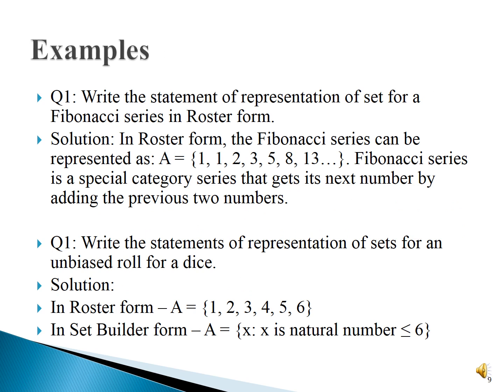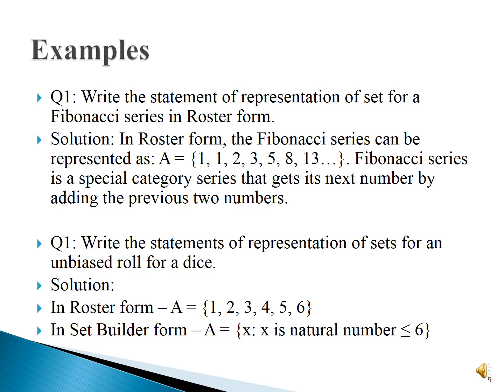Here we will see two examples of the roster form and the set builder form. First example is, write the statement of representation of set for a Fibonacci series in roster form. So we know that the Fibonacci series is a special series which gets its next number by adding the previous two numbers.